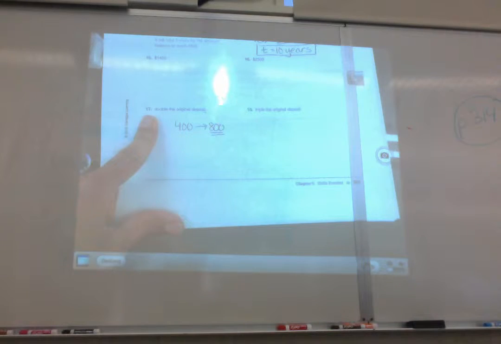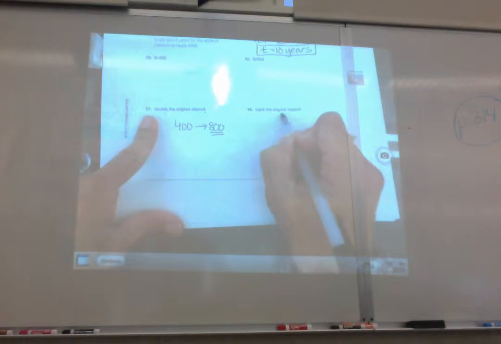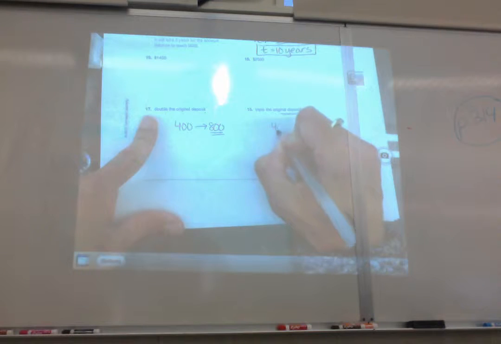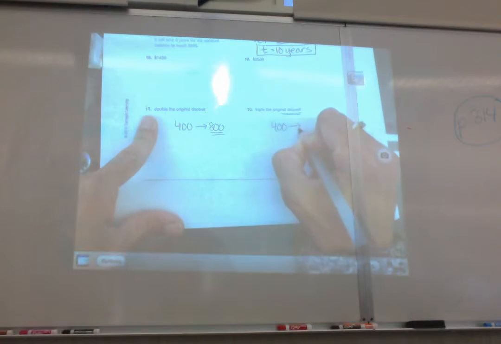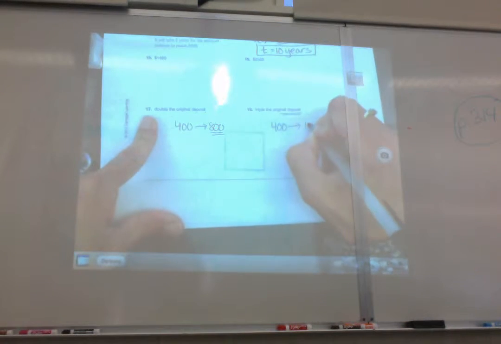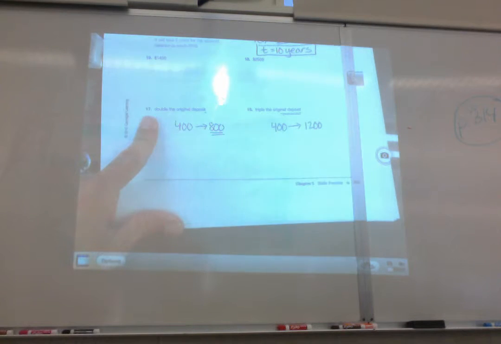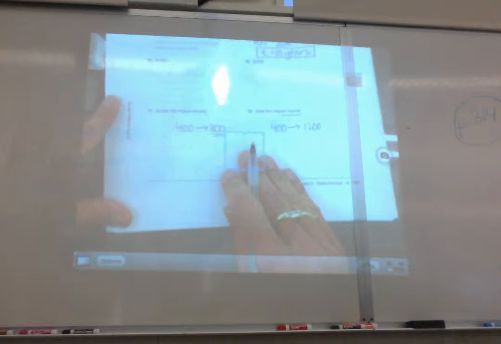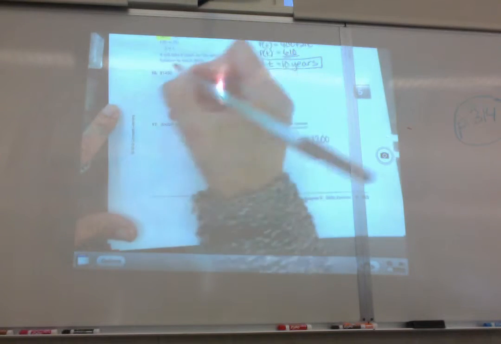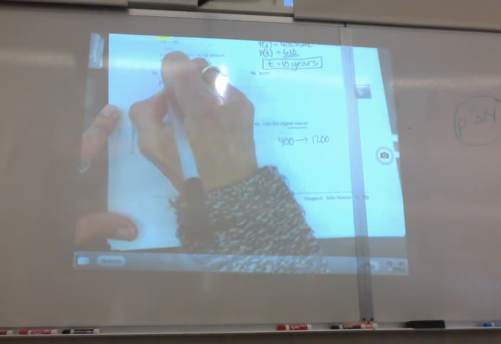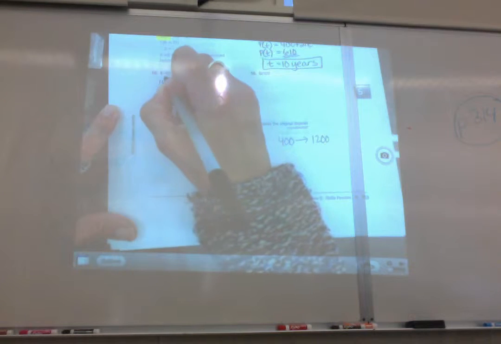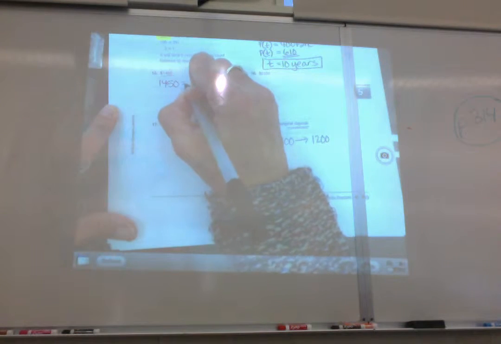to find the t for. Tripling the original deposit, if we start with 400, what's triple? 1,200. Again, if you're at home and you don't have a calculator, the algebraic way to do this is whatever that amount is, set it equal to the function.